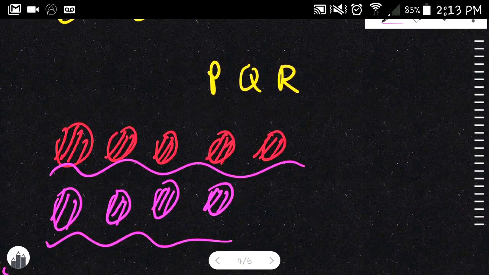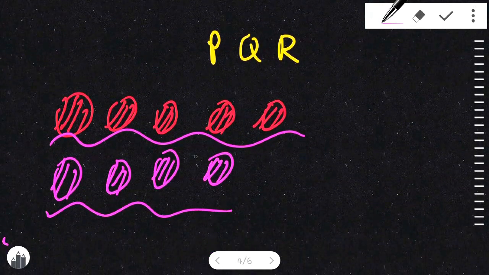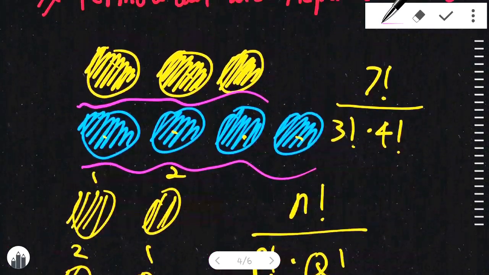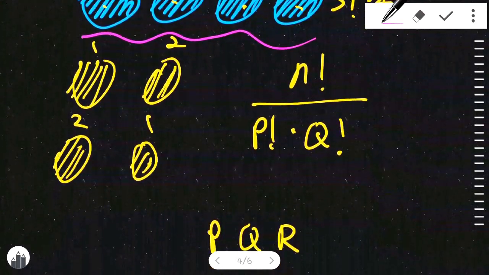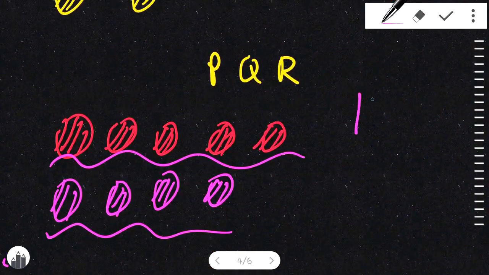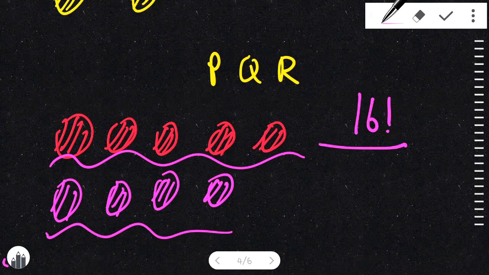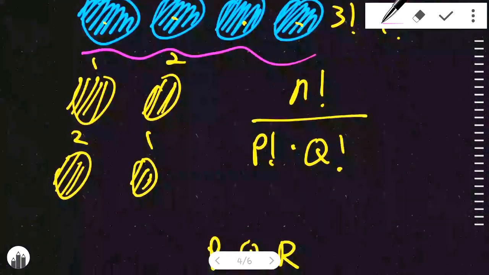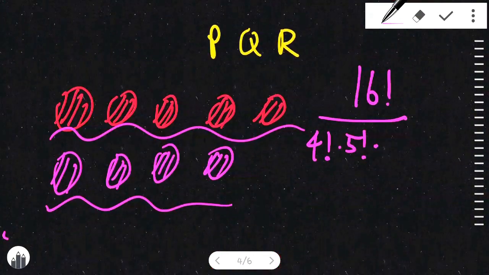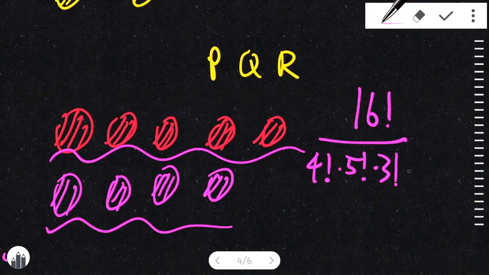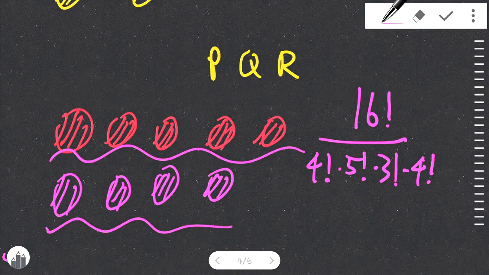How many values do we have in total? 3, 7, 12, and then 16. So it will be 16 factorial divided by, for pink we have 4 factorial multiplied by 5 factorial multiplied by, we have 3 yellow balls and 4 blue balls, 3 factorial multiplied by 4 factorial. This is the permutation with repeated values.